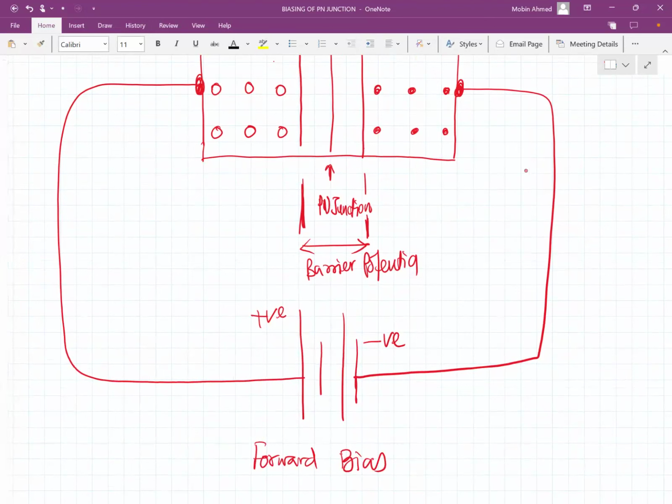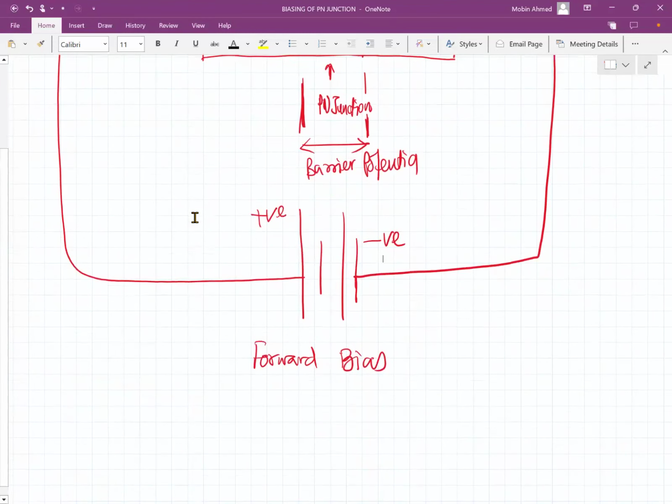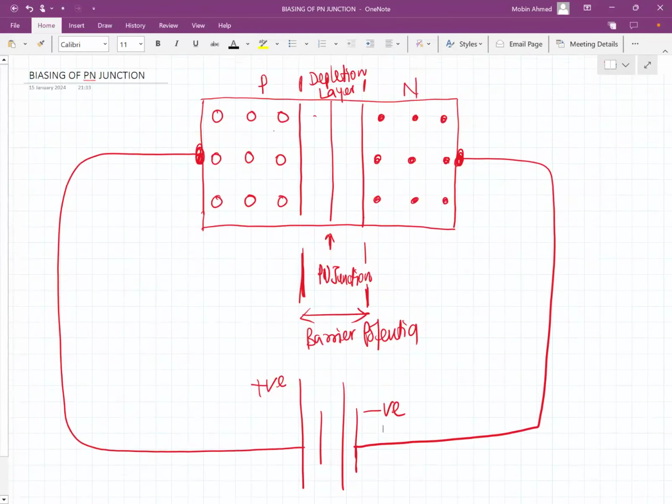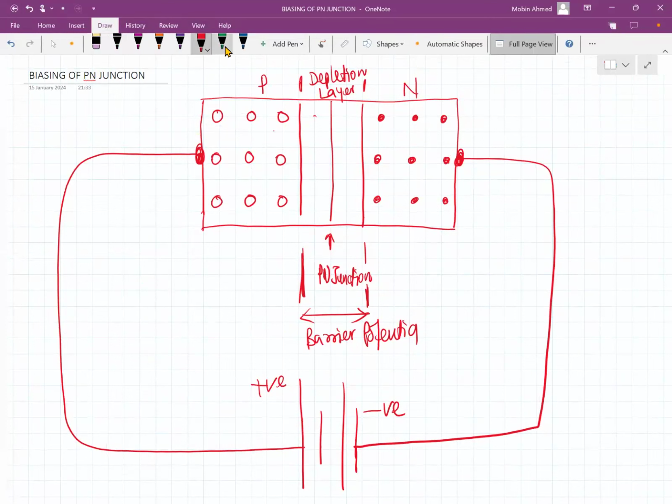Now when it is connected like this, the electrons, let's draw this one by one, these electrons will move towards the junction.